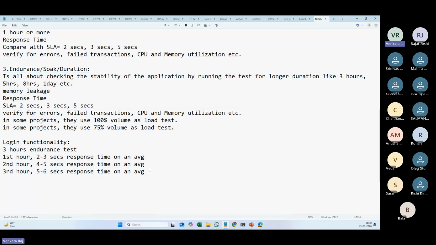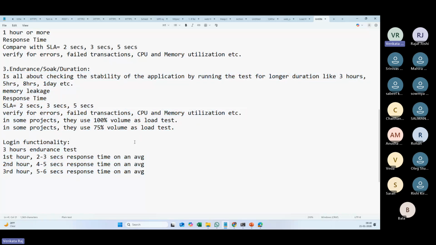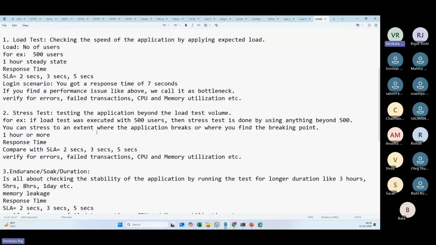even for a new learner, I'm sure these terms and types of performance testing should be easy to understand and make some points out of it. However, I'll show you these types of scenarios, how we run a load test.